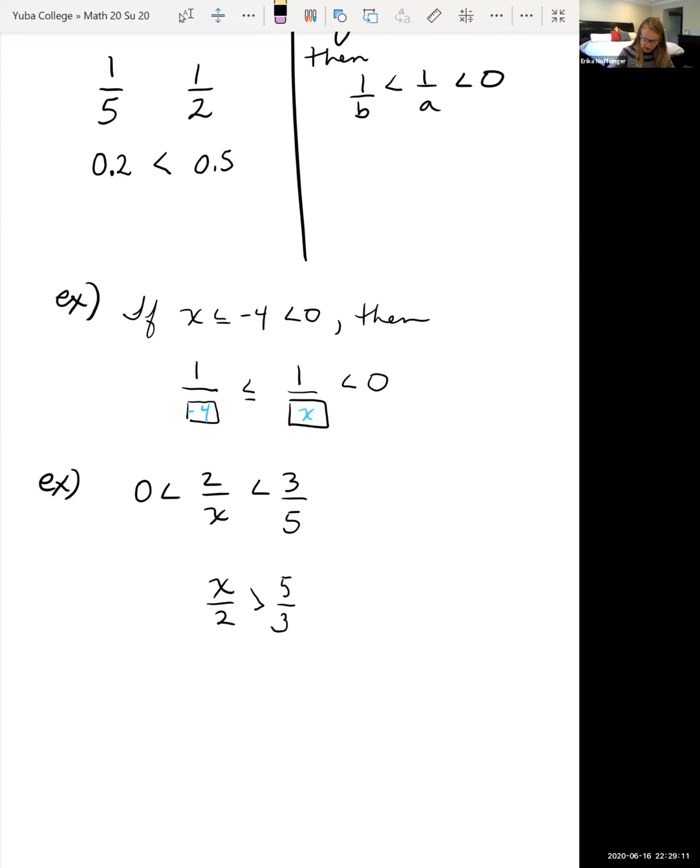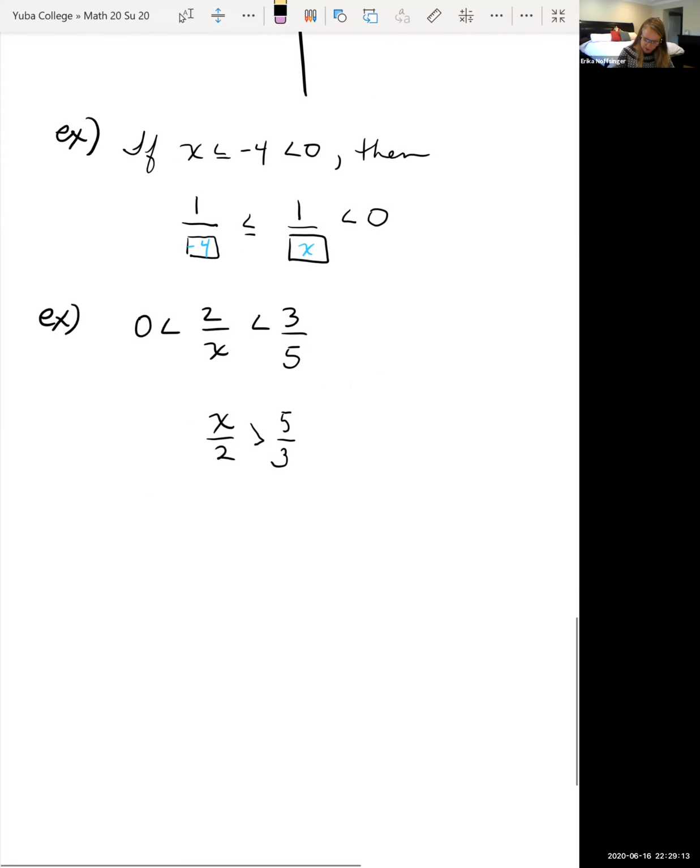Technically, how I would have gone about this before is I would have broken this up as 2 separate inequalities. Let me just do that. This is the same thing as saying that 0 is less than 2 over x, and 2 over x has to be less than 3 over 5.